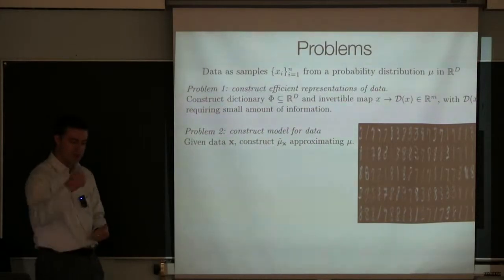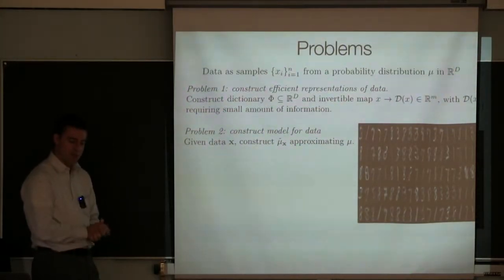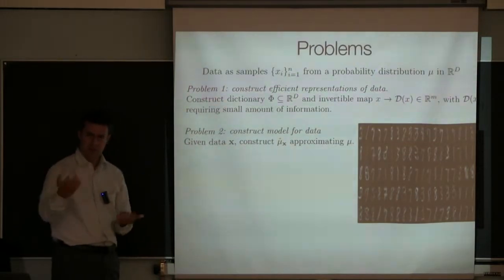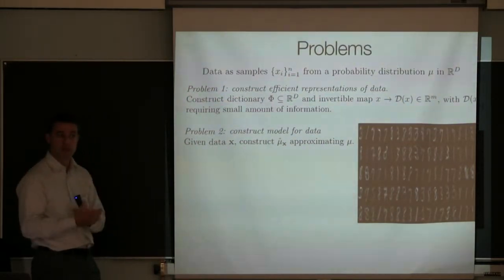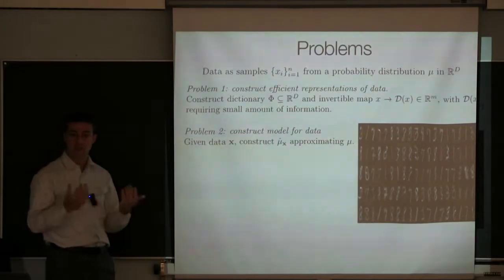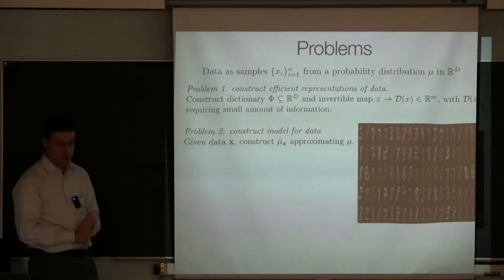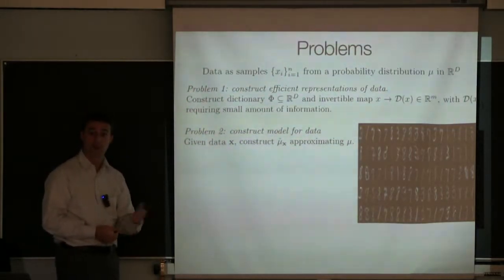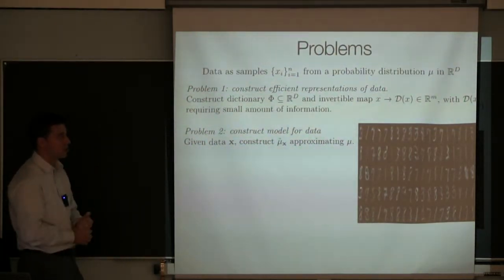For example, if we get a new data point, we can ask, is this data point like the others? In the sense, does it look like it's really drawn from mu? Or maybe it's drawn from a different probability measure. If it's drawn from a different probability measure, or if it's extremely unlikely according to mu, maybe we can flag the point. It's an outlier, it's an anomaly, it's something strange.